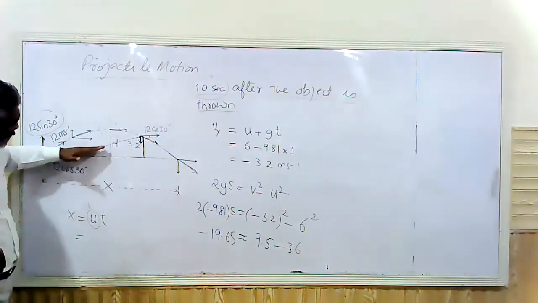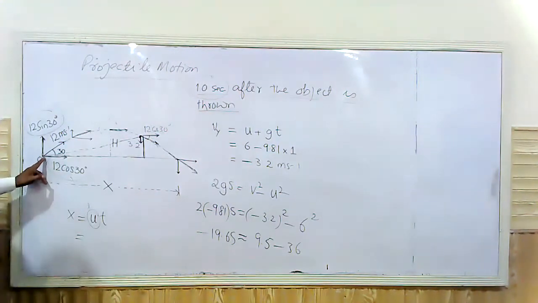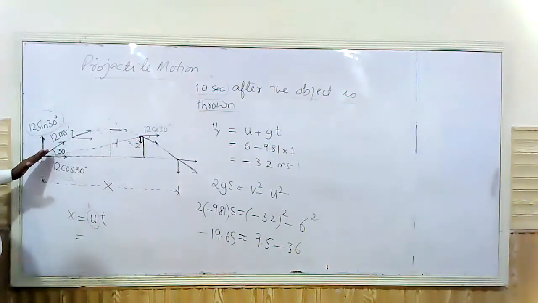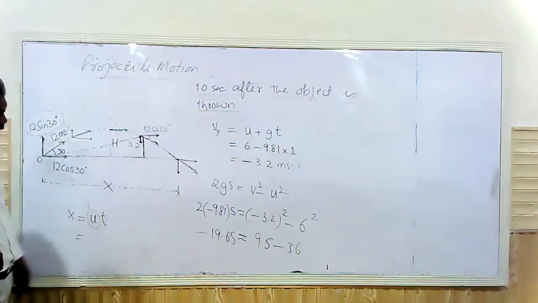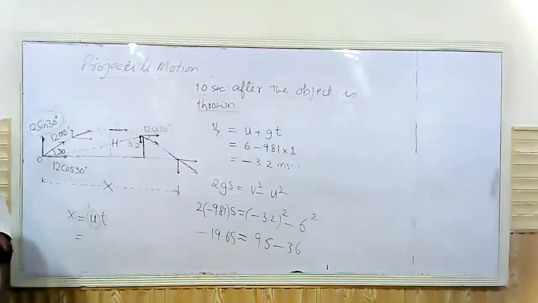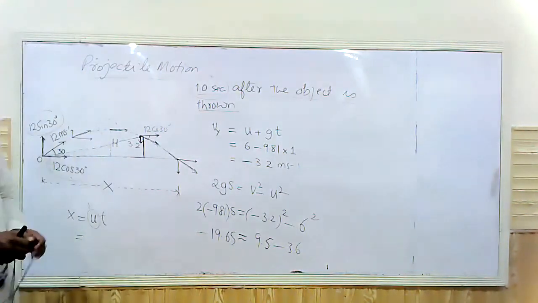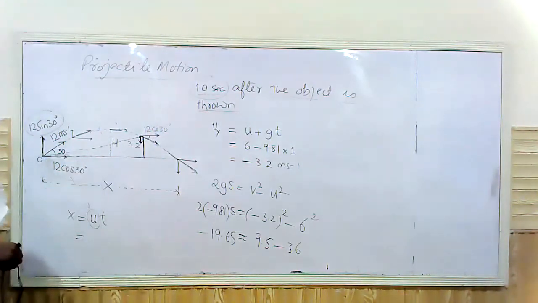This length is its displacement from the initial position to the final position. This is a straight line, although it has taken this path, but obviously this is its displacement 1 second after it has thrown. These are some of the basic ideas about this second type of projectile motion.